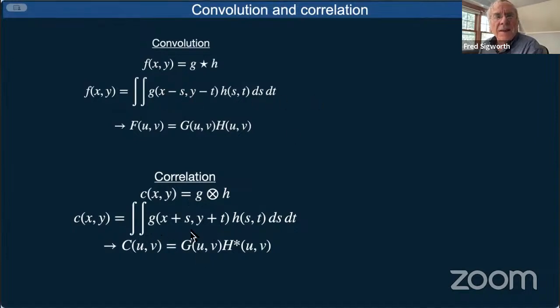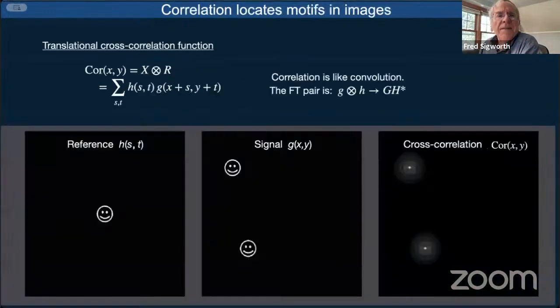Correlation looks like that. And correlation basically says if S and T are the translations that superimpose G on top of H, then there's a maximum of the correlation function. So here's an example. Here's a reference, and let's say this is the signal.